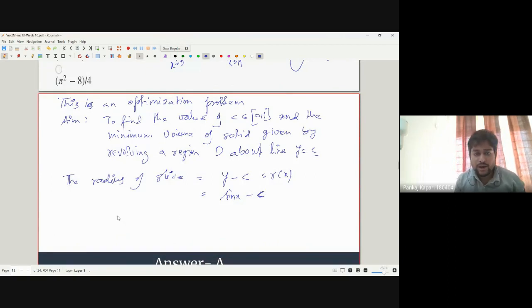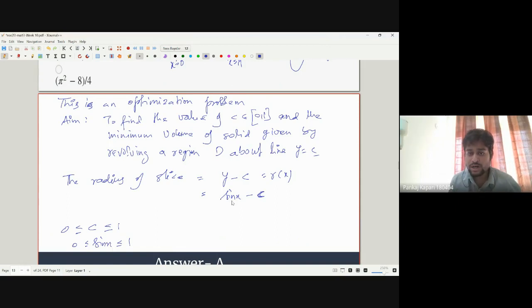You can see why this is the case: c lies between 0 and 1, and the sin x function also lies between 0 and 1, but since x varies from 0 to pi, your sin x first increases from 0 to 1 at pi by 2, and then decreases to 0 again between pi by 2 and pi.